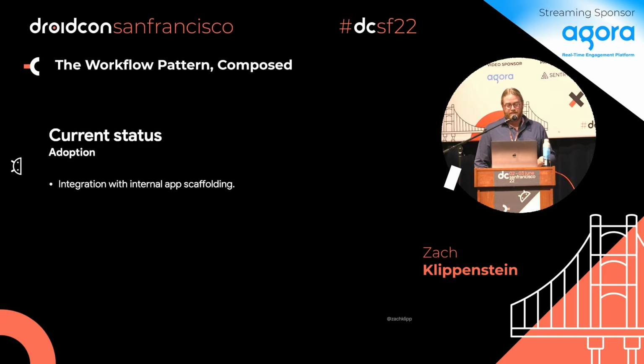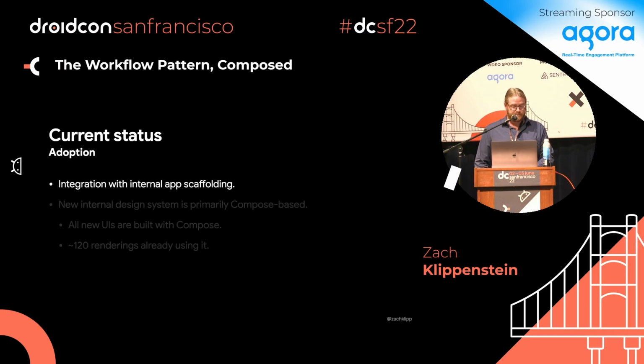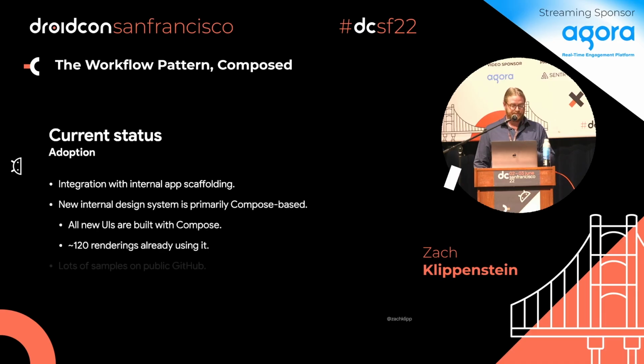And there are already about 120 renderings that are using Compose, and any new UIs are built with it as well. We've also got lots of samples on GitHub that show how the pieces fit together, and again, that link is coming.